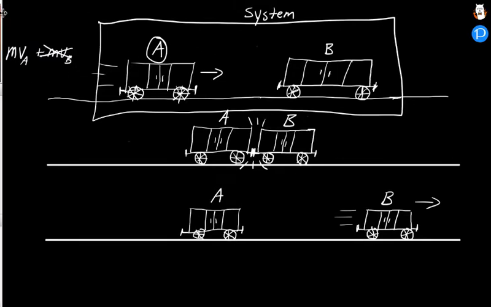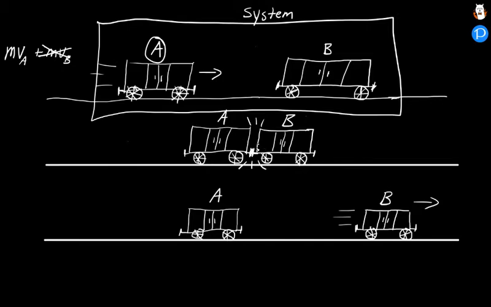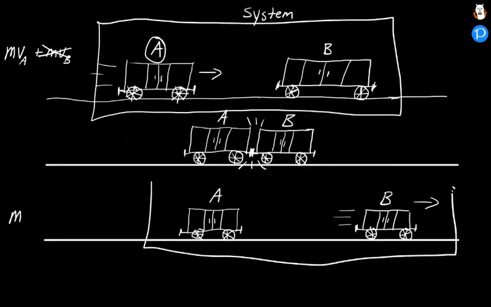And then they collide, and we're going to assume that after that collision, A transfers all of its momentum to B, and now B is the one that is moving this way. So if we figure out the total momentum of the system now at the end, we would do the same thing.